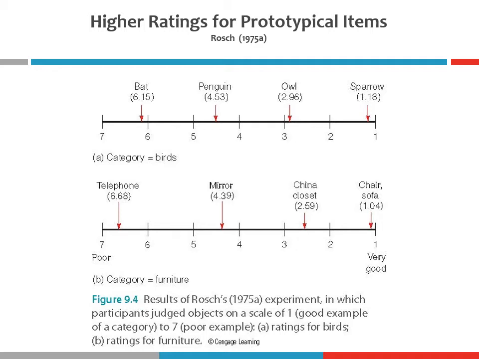Similarly, if we go to the category furniture, chair and sofa have a rating of about 1.4 and are thus considered very good examples of furniture, whereas mirror and telephone have ratings of 4.39 and 6.68 respectively, so they're not as good examples, right?